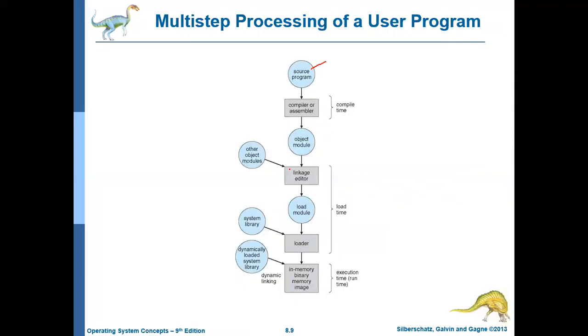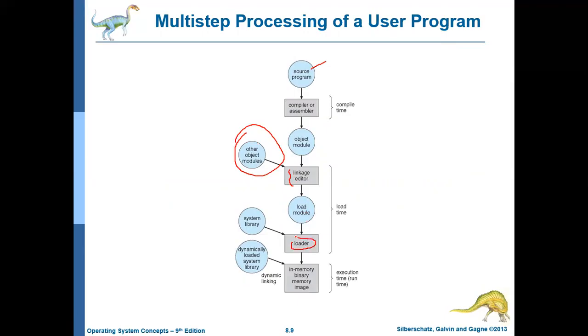Then it is linked. Linked means combining with other object code. Maybe this is one module, and there may be another module of your program, or there may be 10 modules. All the 10 modules should be connected. That is what linking does. Linking will connect other modules in object code format. Then it will be loaded into memory, and that will be done by the loader.